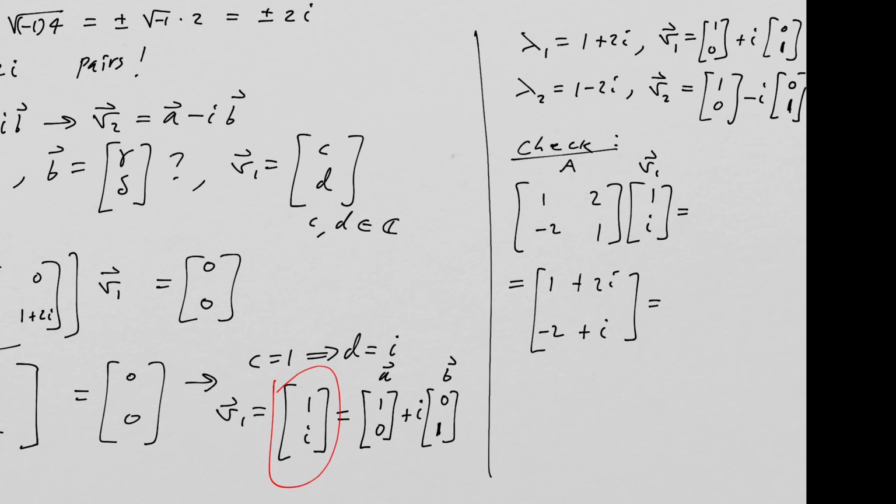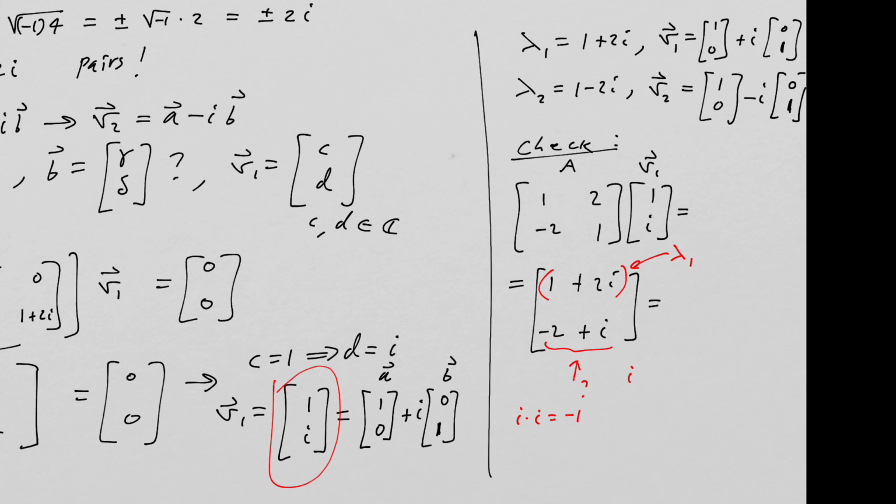I see right away that we have here exactly lambda 1 right there. But the question is, how do I extract out from there what this is? Well, remember that i times i is equal to negative 1, right? So what I'm going to do is factor out i from this.